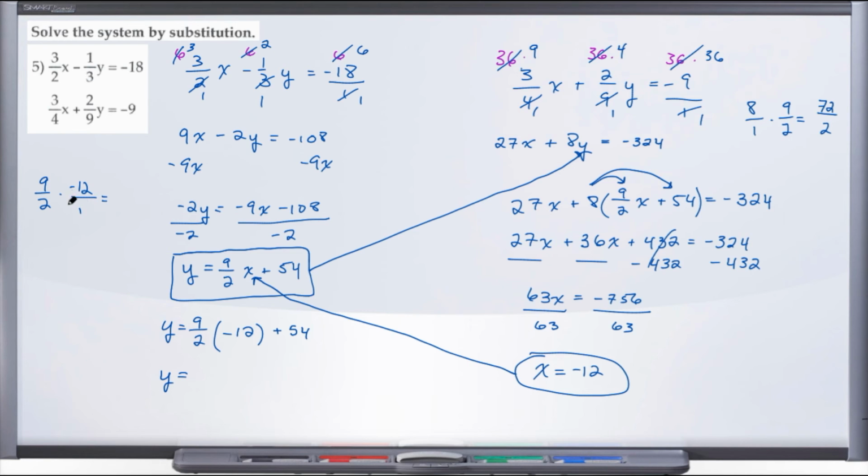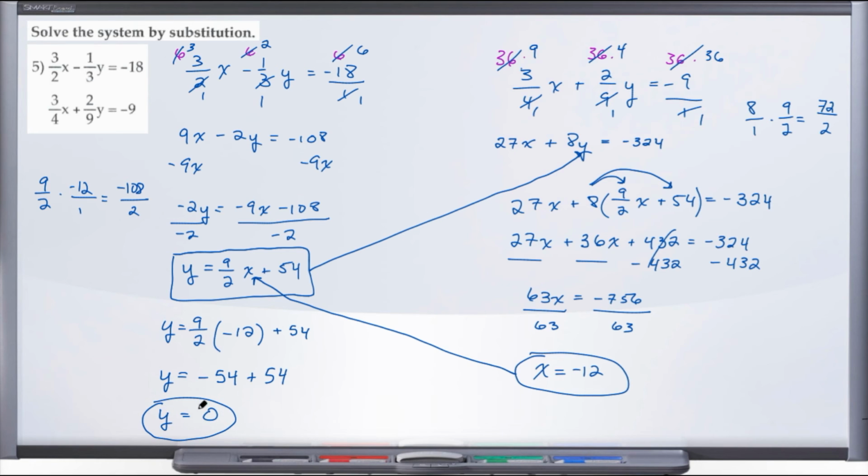So 9 times negative 12 is going to give us negative 108. And then 2 times 1 is going to give us 2. So we end up with negative 108 divided by 2, which is going to give us a negative 54. And then we have plus 54. Well, what does y equal? Well, negative 54 plus 54 gives us a 0, doesn't it?